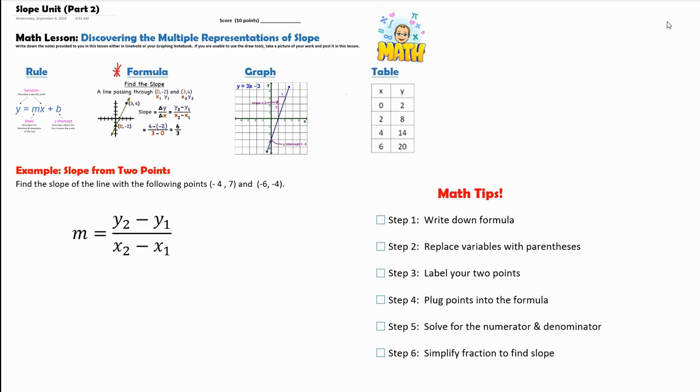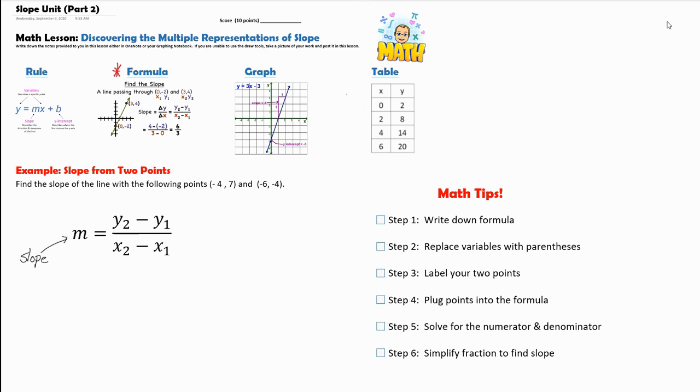Our formula is m, which we know represents slope, equals y sub 2 minus y sub 1 divided by x sub 2 minus x sub 1. You may not have heard sub 2 or sub 1 before. That just means the different points that we're pulling that information from.